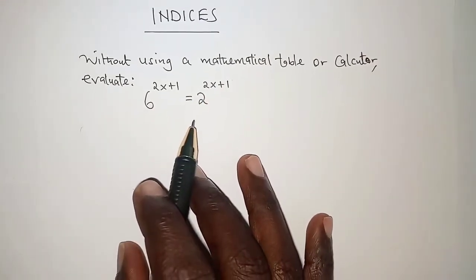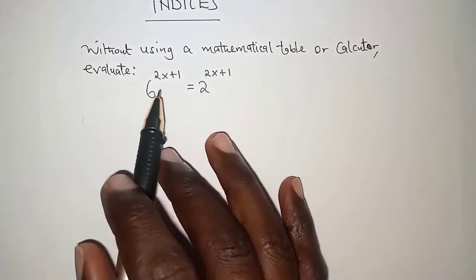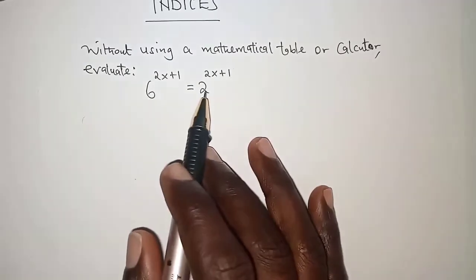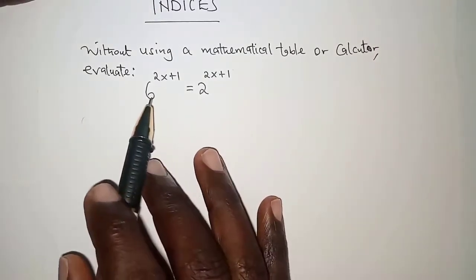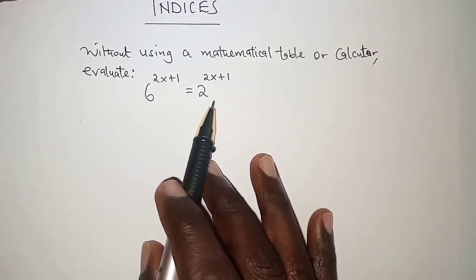So what I want us to do is just to ensure that we make the bases similar. And how can we achieve that on the left hand side and the right hand side?